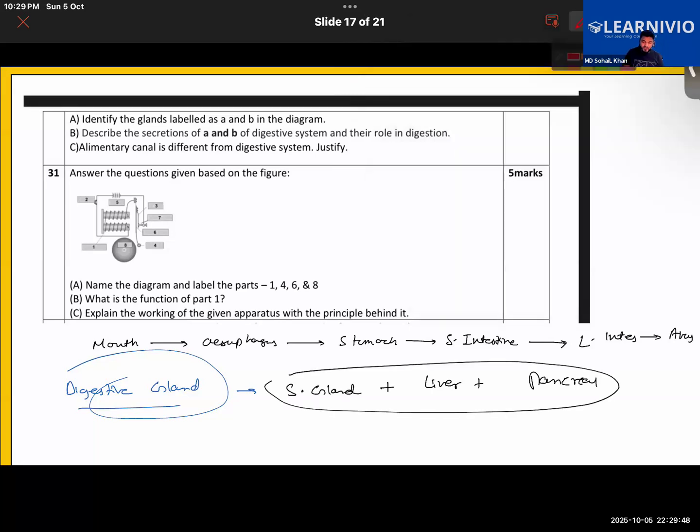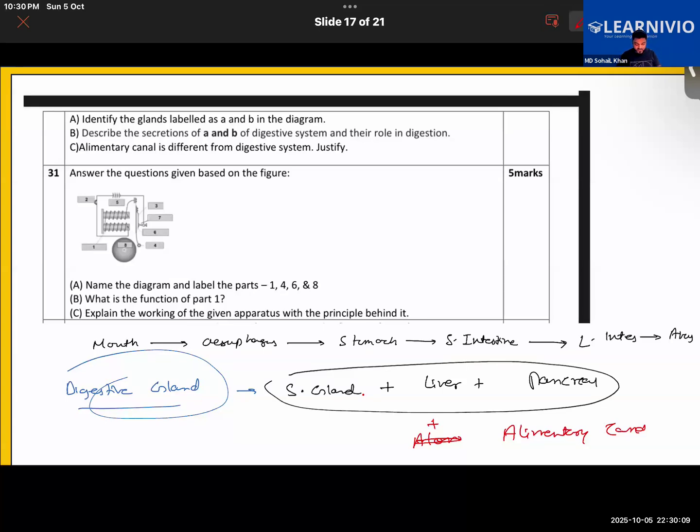The gallbladder just stores the bile juice. So the digestive system includes the alimentary canal along with the digestive glands. So that is the difference.